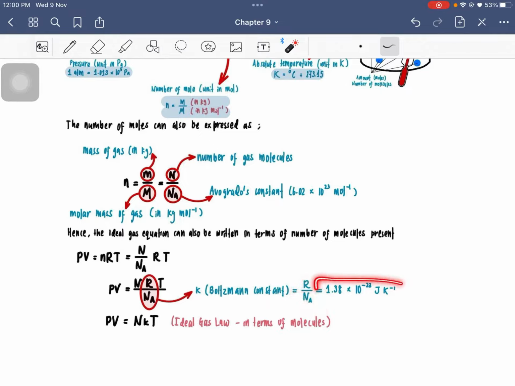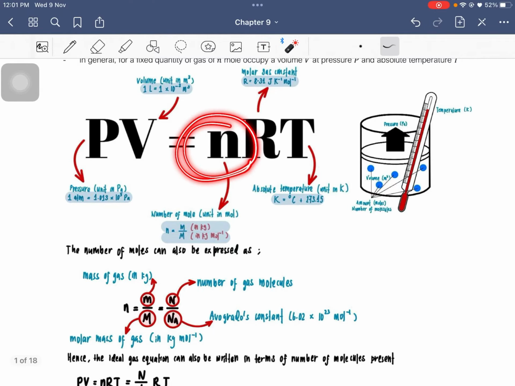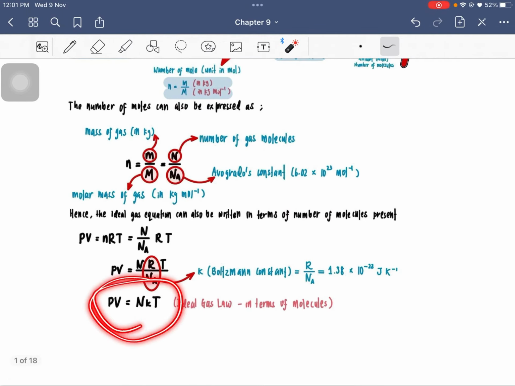So we get this value here. It is given in your formula sheet, so it's not really a problem for you. But if you can remember, it saves time when you solve questions in the exam later. So this is basically the ideal gas law in terms of molecules. This one here is in terms of moles. This one is in terms of molecules, the number of molecules.